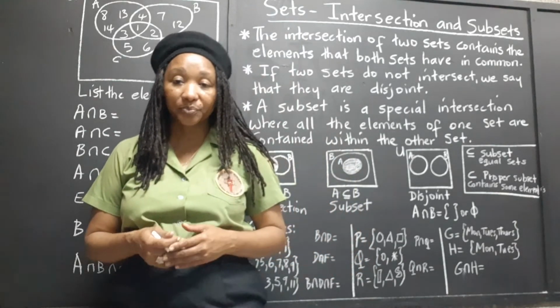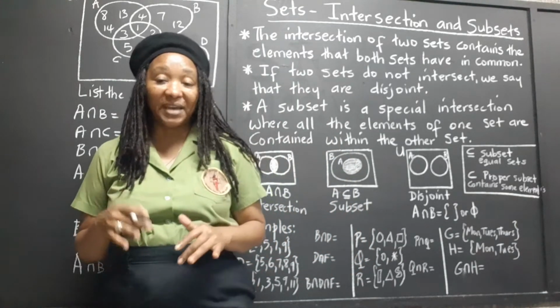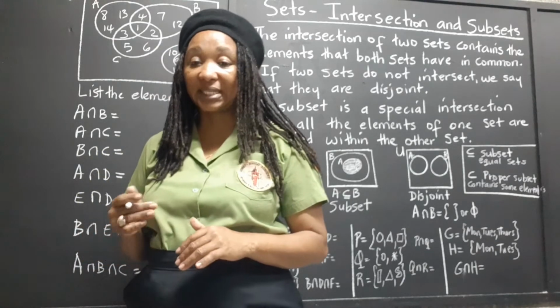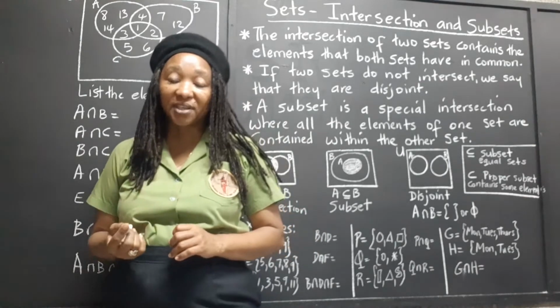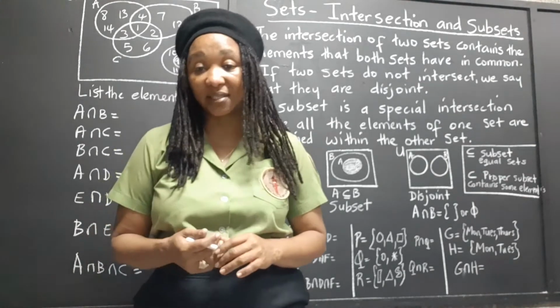And we use a Venn diagram to represent sets. So the members of the set are called the elements of that set.